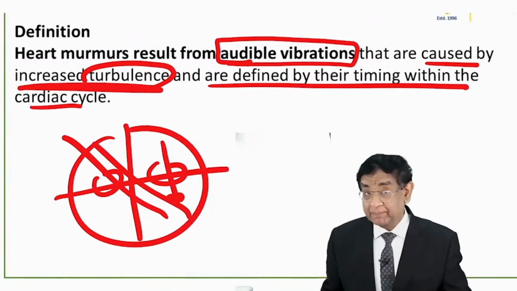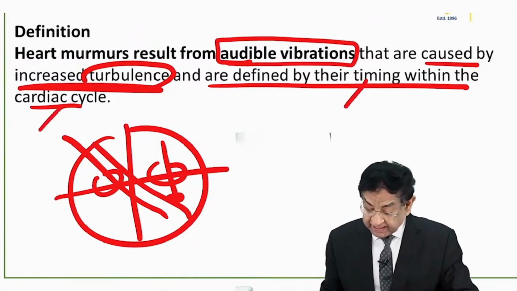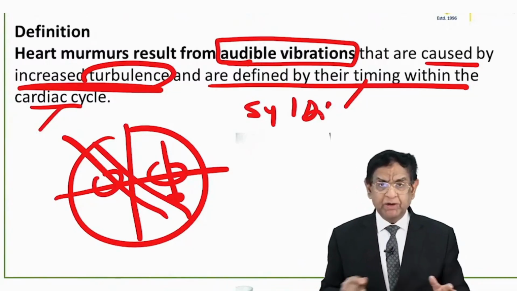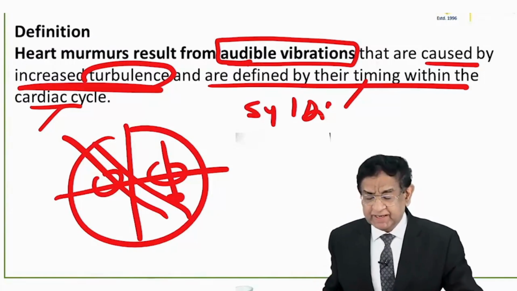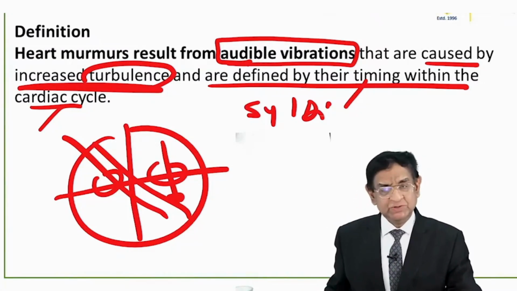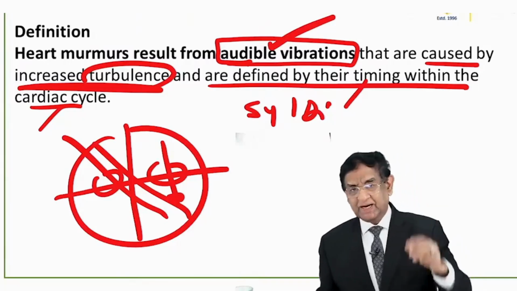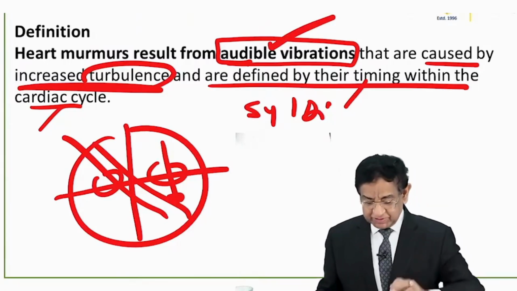This is what a murmur is, and we define it by timing within the cardiac cycle, whether it is in systole or diastole, early, mid or late. But carry home my message: a murmur is a type of audible vibration.